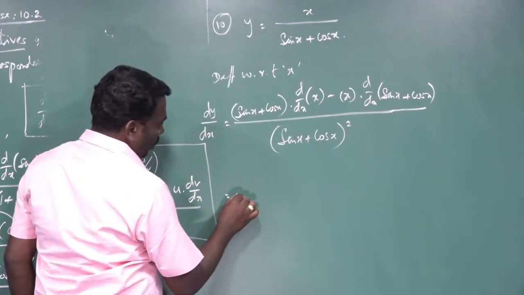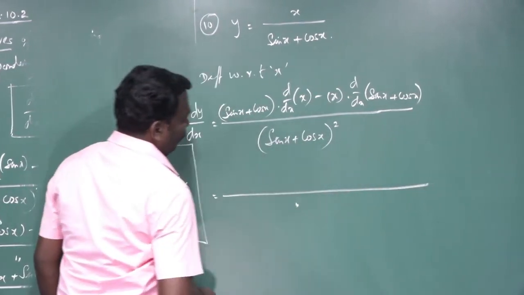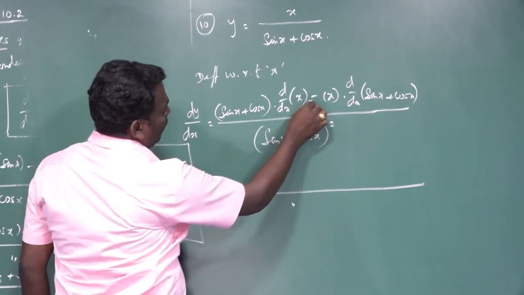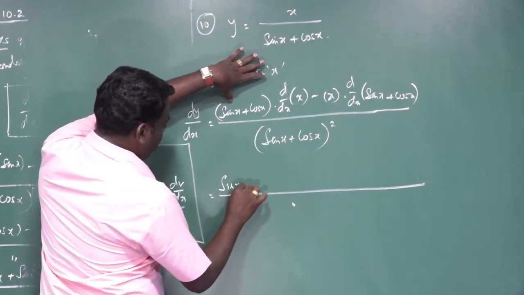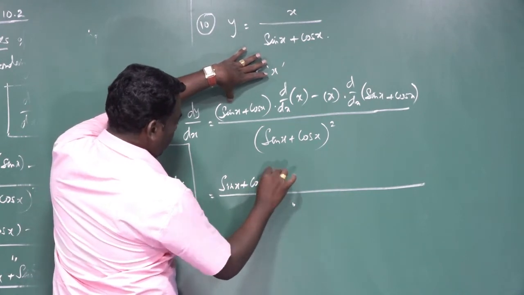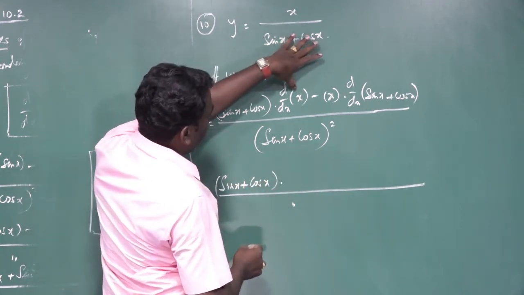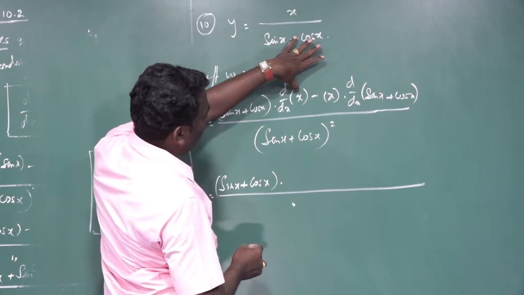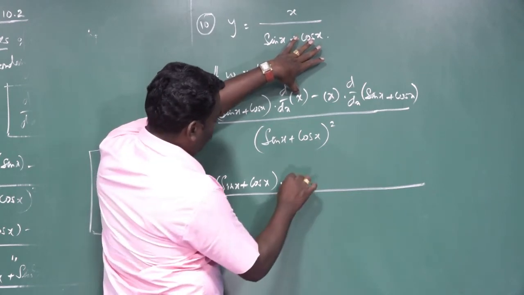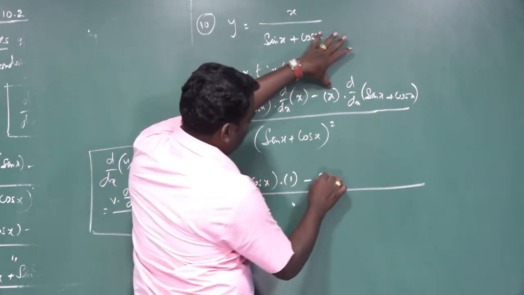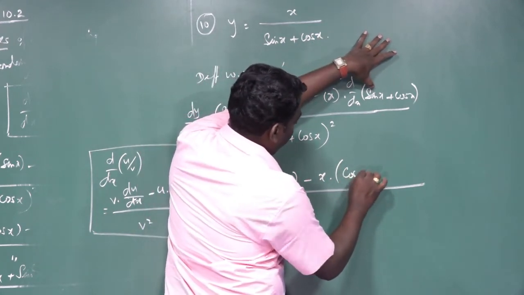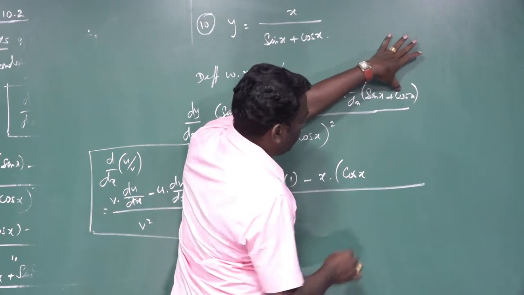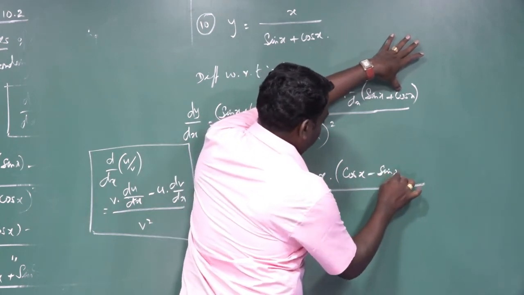That is equal to, now the denominator as it is, now the numerator, and differentiate these two terms. First write this term as it is: sin x plus cos x into differentiation of x. Differentiate with respect to x, x is 1, then minus x as it is, and differentiation of sin becomes cos x, and differentiation of cos becomes minus sin x.